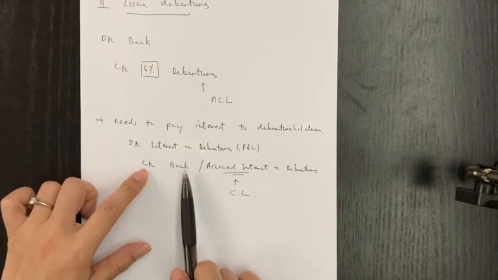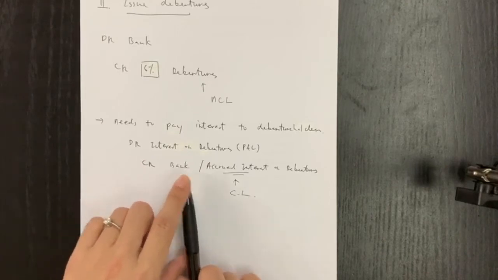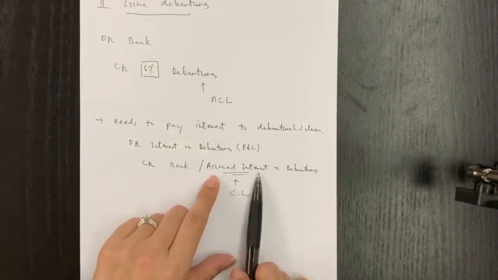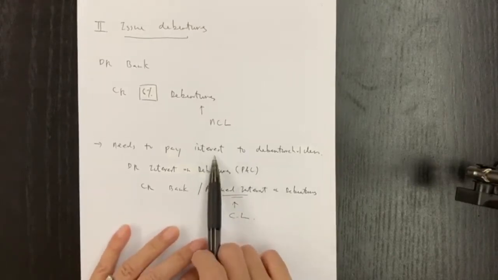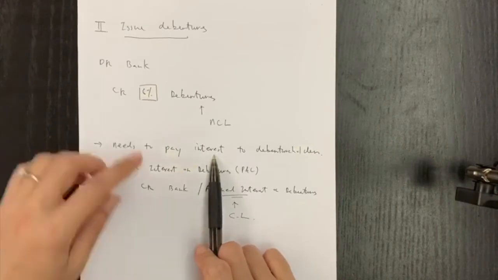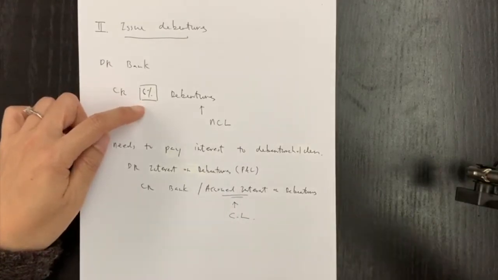And now the firm has to pay, so we credit bank. And sometimes the firm pays later, so we will have accrued interest on debentures, and this is a kind of current liability. And one more thing, the interest paid must be fixed. So therefore, this percentage is for saying that the interest is fixed.